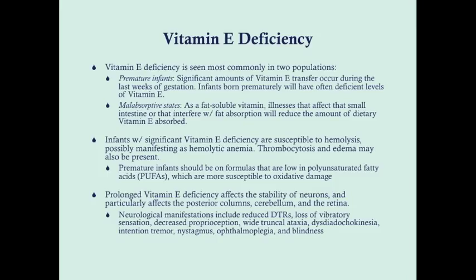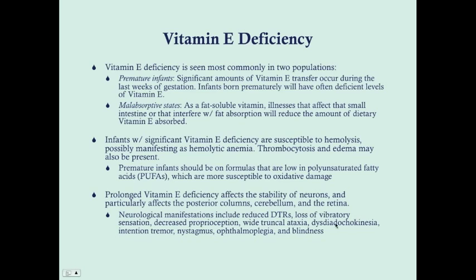So the neurologic manifestations of this, when we look at the posterior columns, there's going to be a reduced deep tendon reflex. That's usually the first thing we see when we're screening children. When they come in for their well child visits, reduced deep tendon reflexes is something to think of, particularly in children who are already malabsorptive. If there's reduced deep tendon reflexes, then we start to get concerned about vitamin E deficiency.